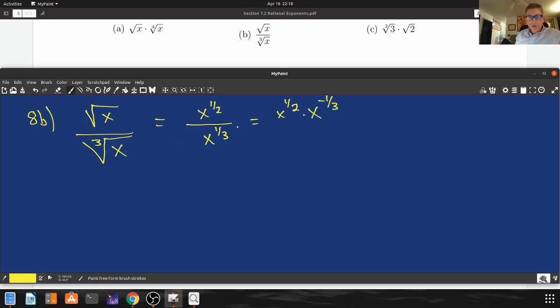I moved it across the denominator. So now the bases are the same. So this is equal to x to the 1/2 minus 1/3, which is equal to x to the 3 minus 2 over 6, because our common denominator is 6, which is equal to x to the 1/6. So that's equal to the 6th root of x.